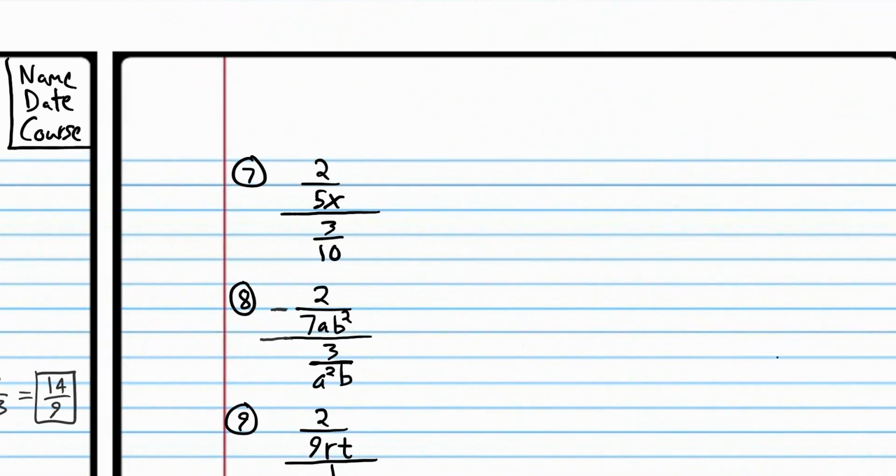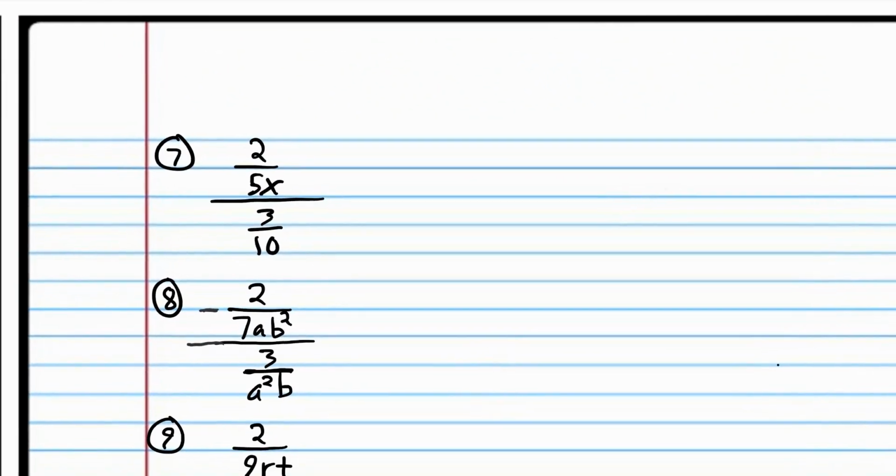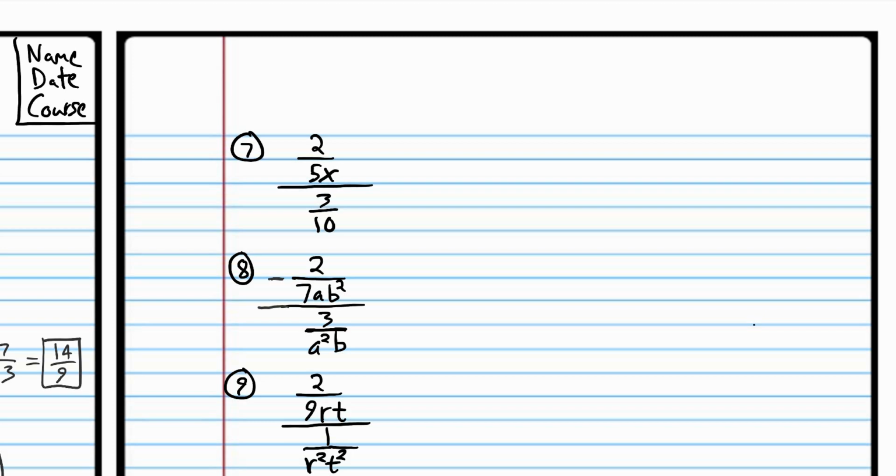All right, so now we're going to variables. So we're just going to use the same method. We're going to change to the older division symbol. And flip the divisor, change to multiplication.